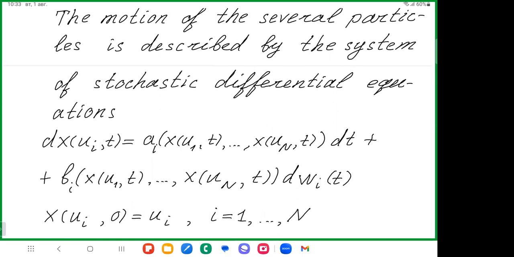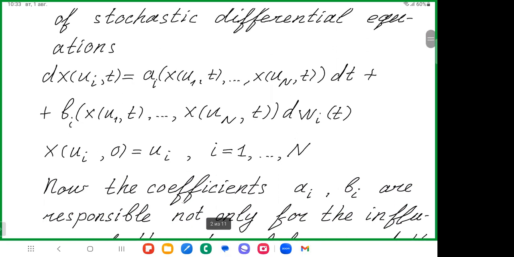Also the same happened with coefficient B and dW_i. So it is natural that for different particles we have different Wiener process.